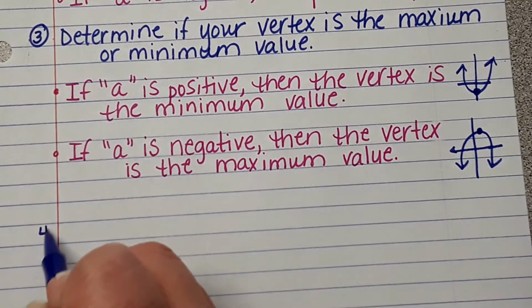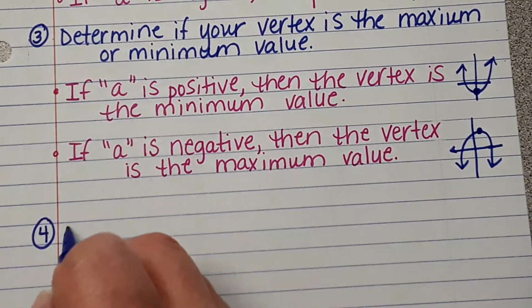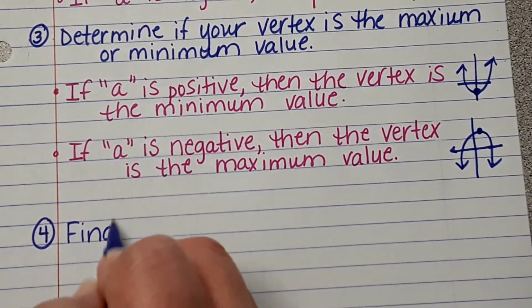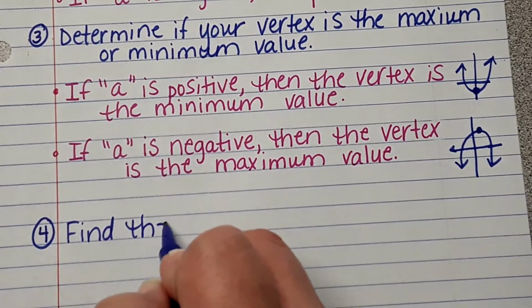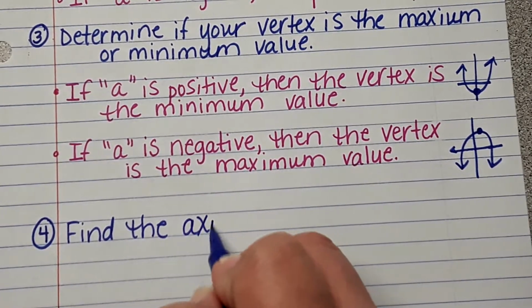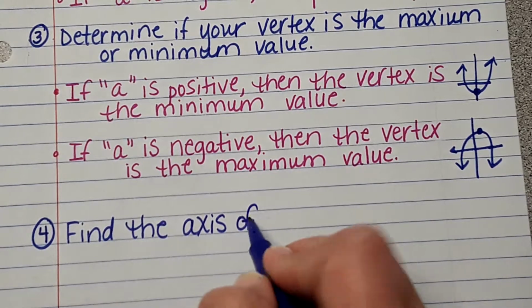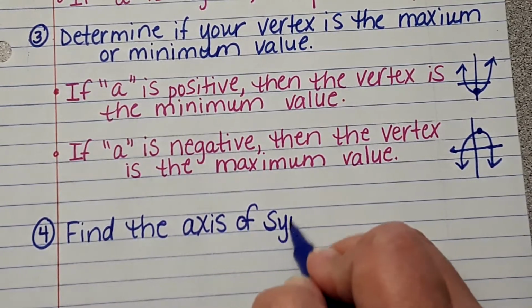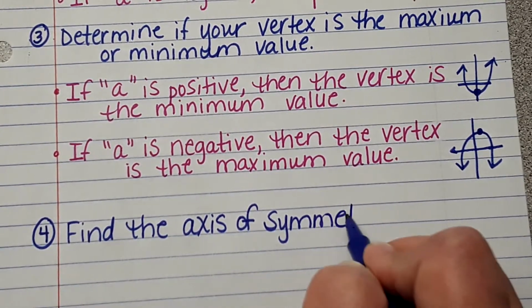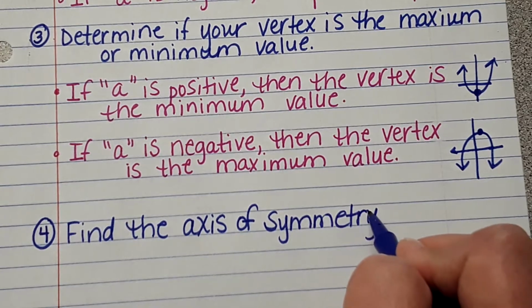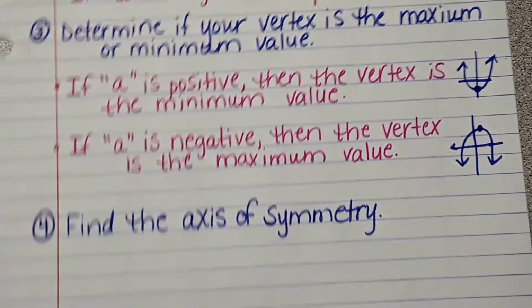Okay, so now step 4. You need to find the axis of symmetry. That axis of symmetry is what cuts the parabola in half.